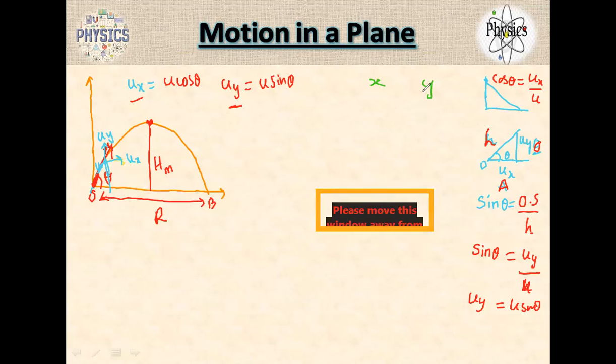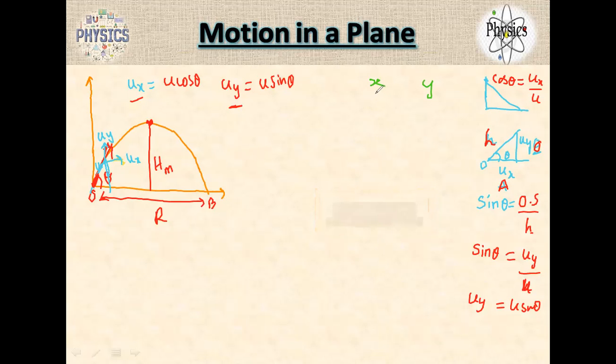So when the object is moving from the initial point upward, from here to here, it's going upward and also forward, which means it is moving in both directions. I'm assuming the distance covered in x direction is x, and the distance covered in y direction is y.